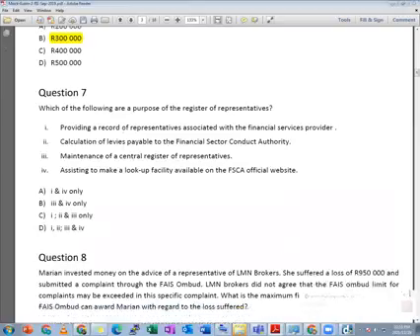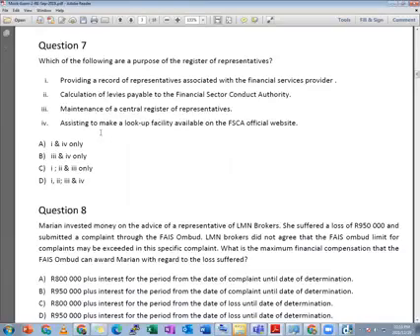Question 7. So question 7, guys, which of the following are purposes of the register of representatives? We spoke about the register of representatives. We say if Hendrik now is applying for a job at Standard Bank, ABSA, from which he is resigning, will have to remove him from their register, right? And Standard Bank will add him to their register.